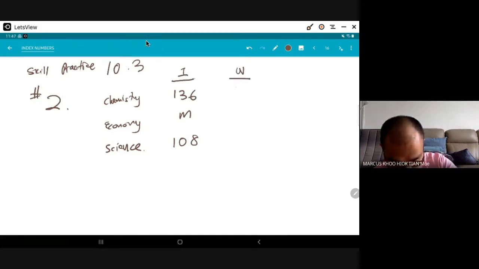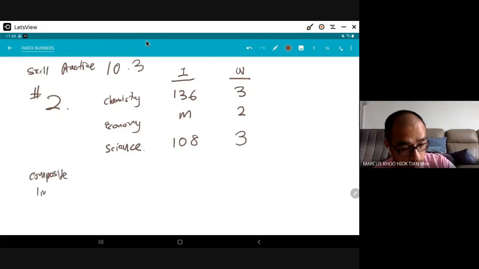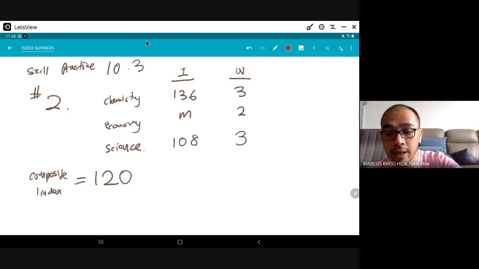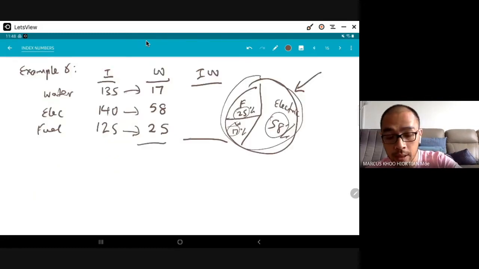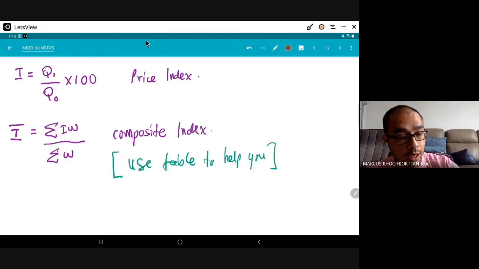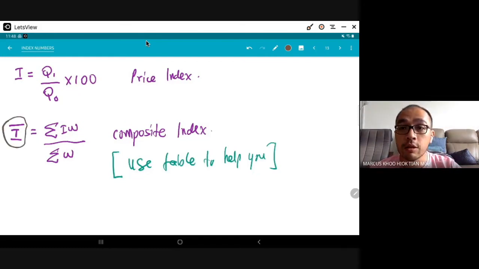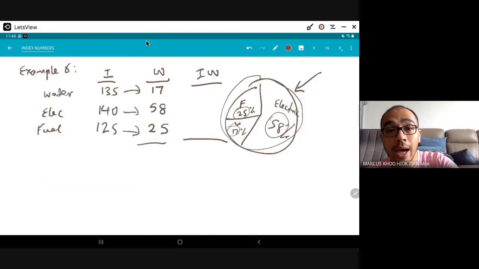The weightage for chemistry is 3, because from the table you can see 3. Economy is 2, and science is 3. Then they say the composite index is given, it is 120. So they already gave the final answer. So we want to find the value of M.